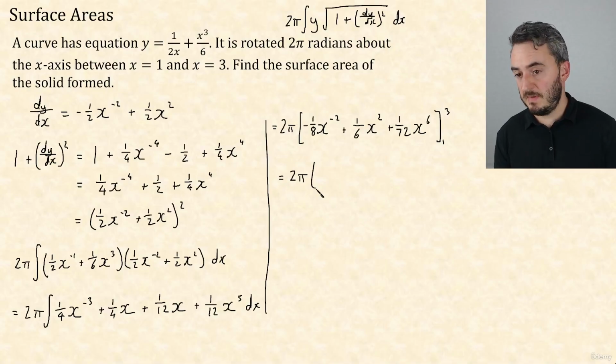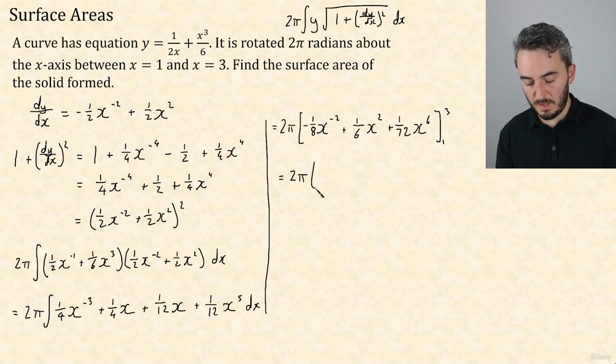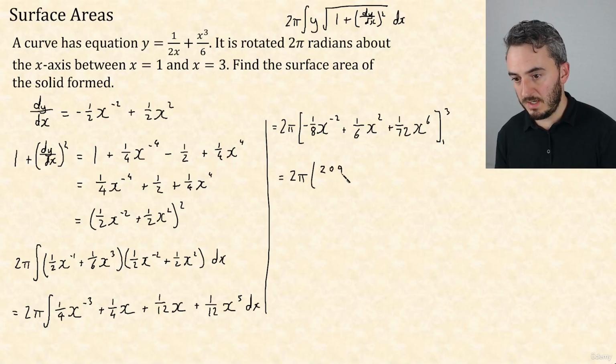So time to sub in, and we get 3 to the power of minus 2 times minus 1/8 plus 9/6 plus 3 to the 6, whatever that is, divided by 72. Okay, so that gets me 209/18. Then I'm subbing in 1.